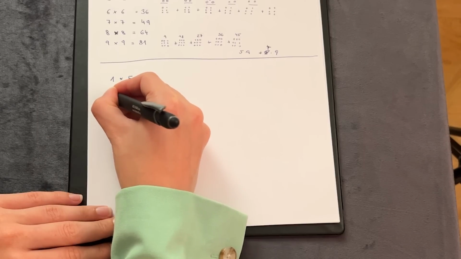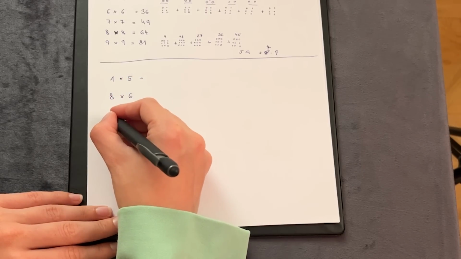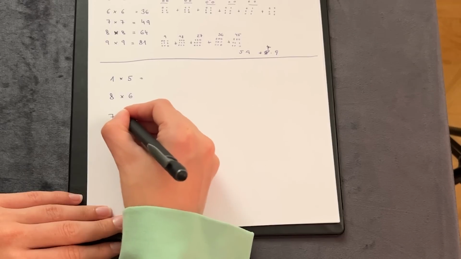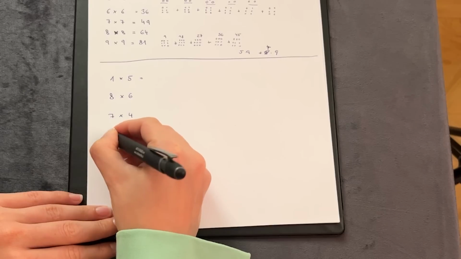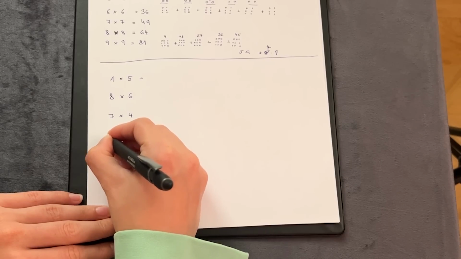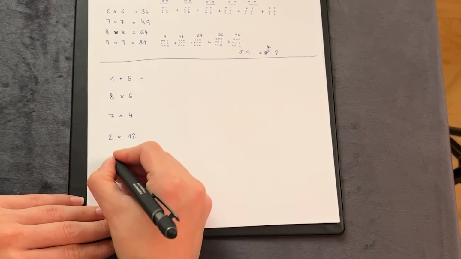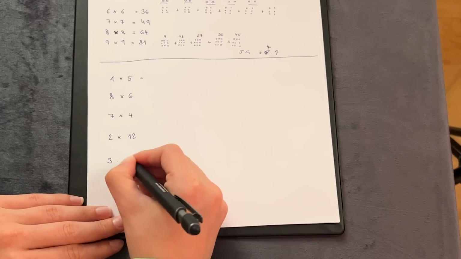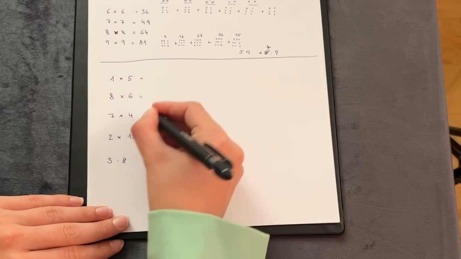So we have 1 times 5, 8 times 6, 7 times 4, 2 times 12, 3 times 8. Okay, let's try those.